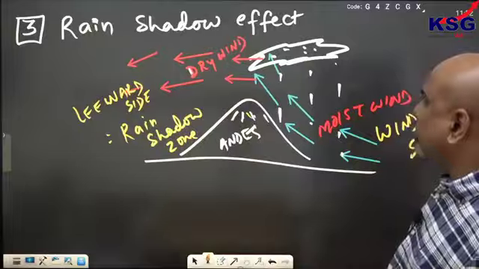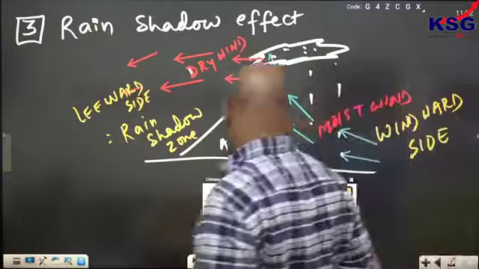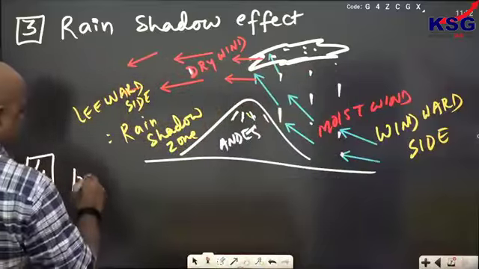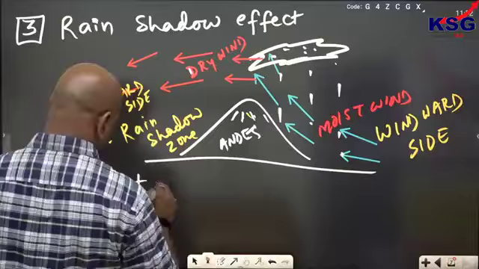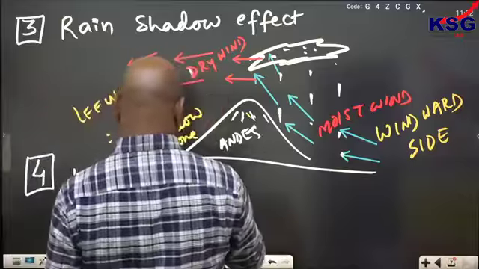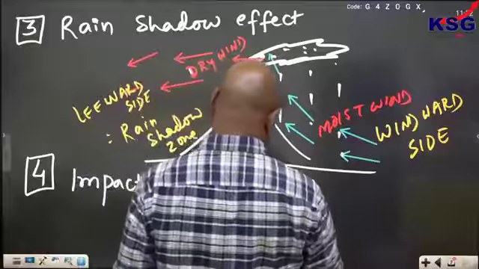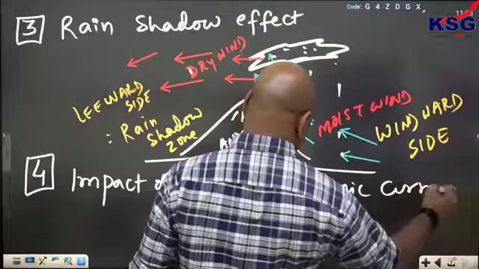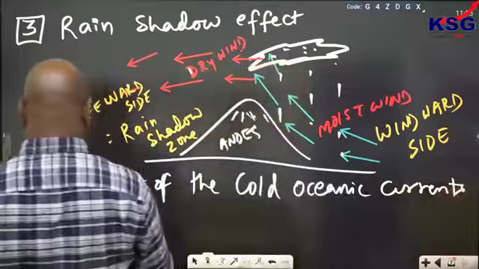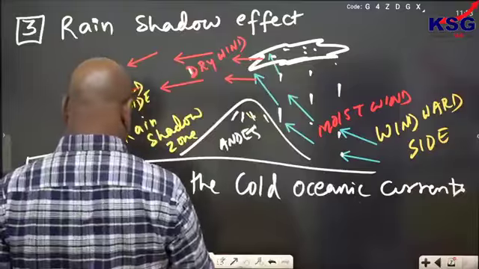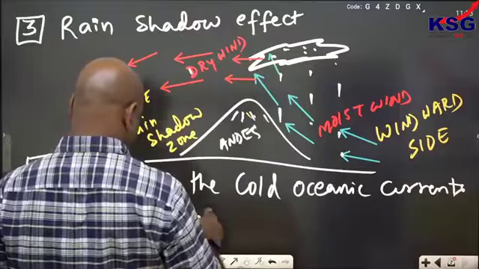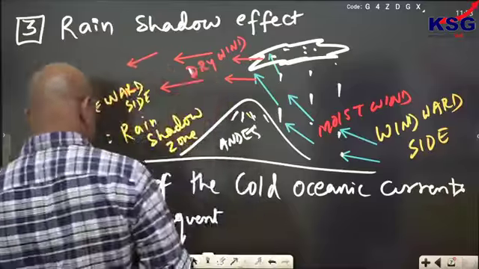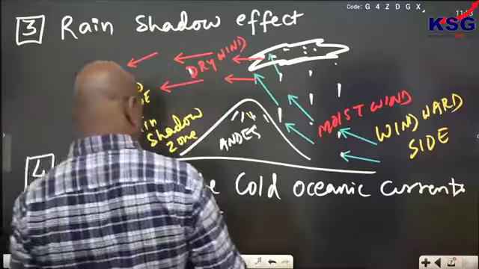So third point is rain shadow effect. Fourth point is impact of the cold oceanic currents and consequent impact.